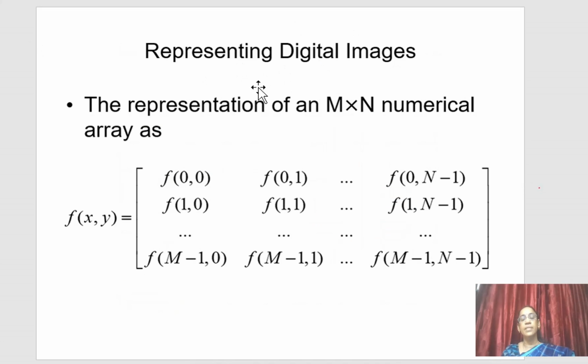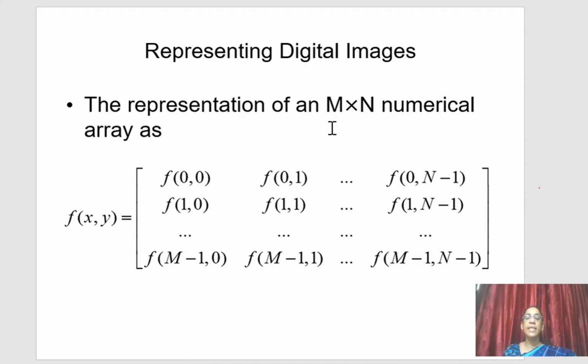To represent the digital image, we can represent it like a two-dimensional array, from 0, 0 to m minus 1, n minus 1. Here m and n are the number of rows and number of columns, that is, the width and height of the image, so it is m into n. Starting from 0, 0, it ends at m minus 1, n minus 1.